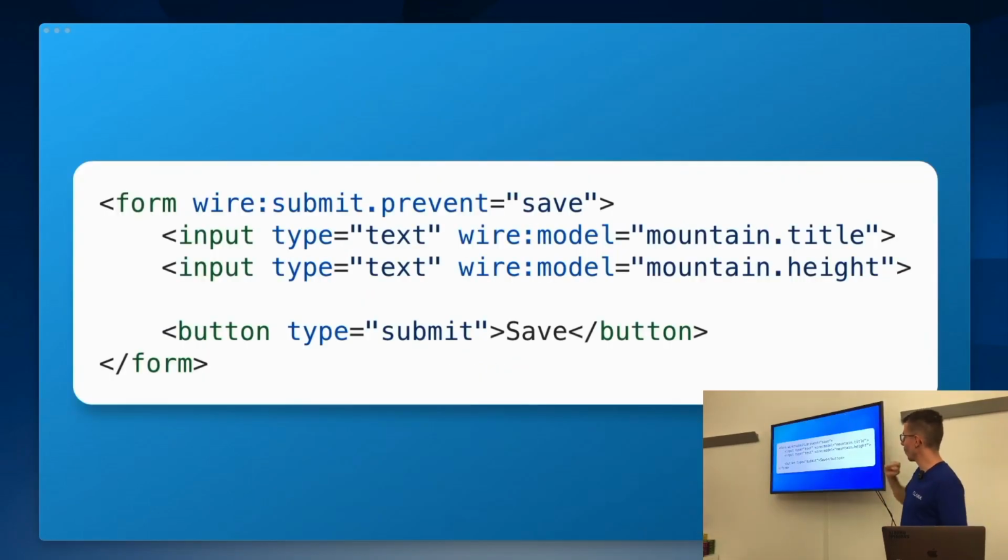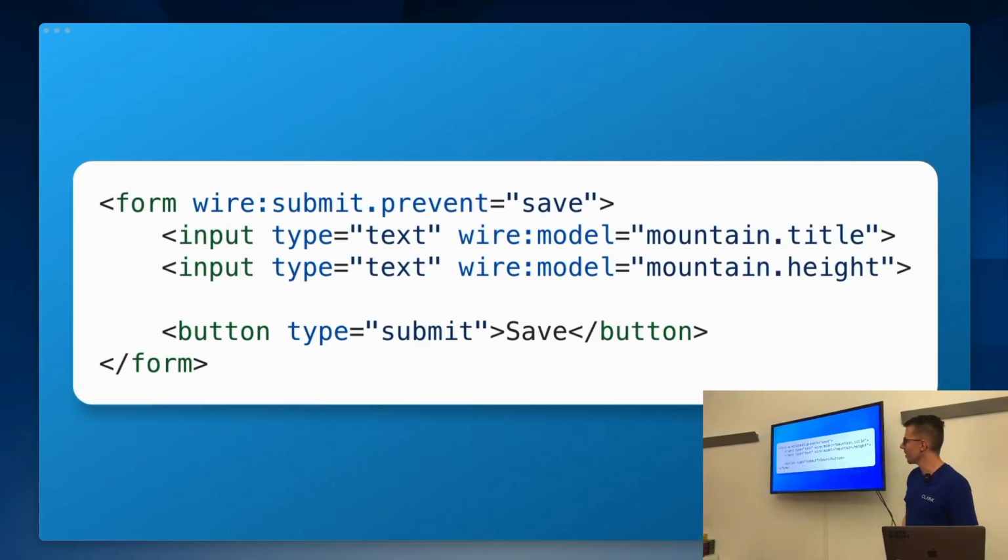Our Blade template looks like this. We added two input fields and wired them up with wire:model. Again, we added a dot syntax to target the specific columns. And again, there is a bug in the screenshot. This is title and not name, sorry. And we have a wire:submit attribute that's new on the form element.